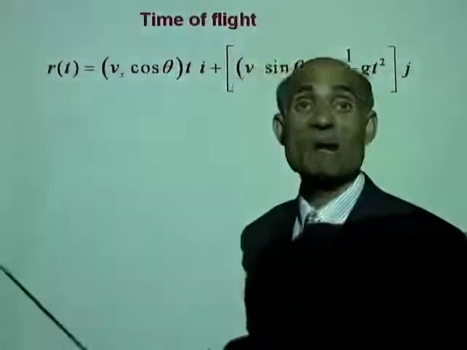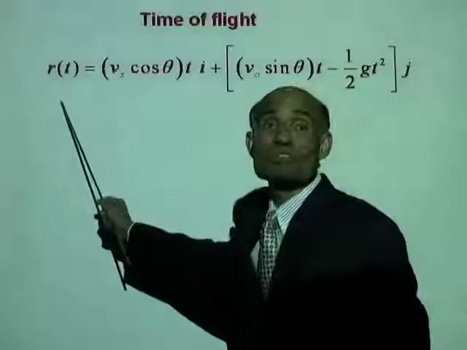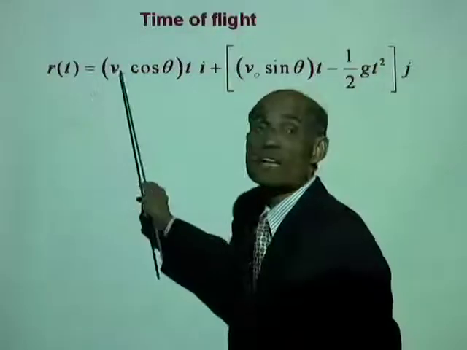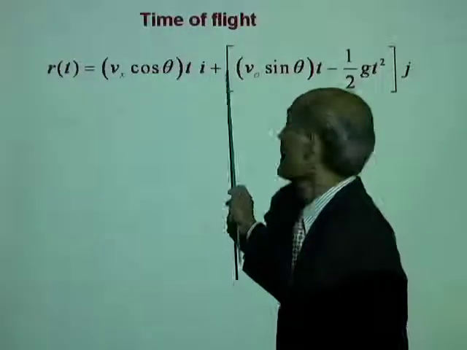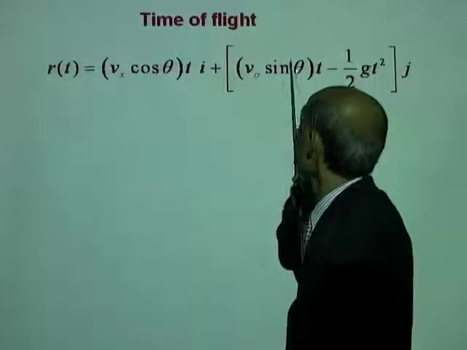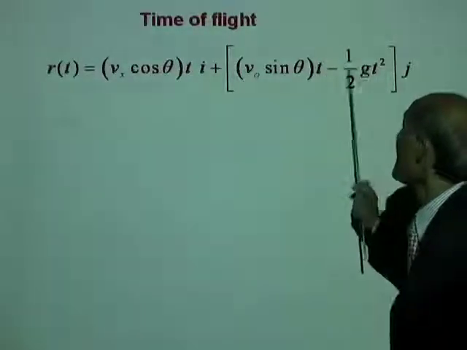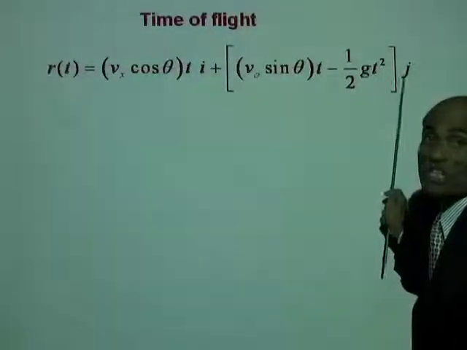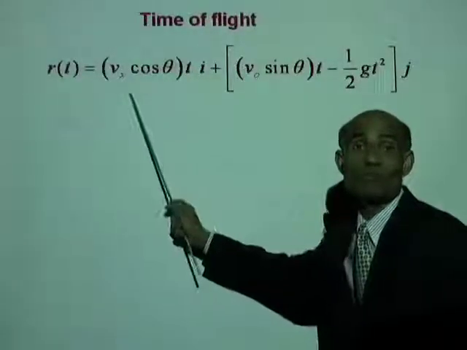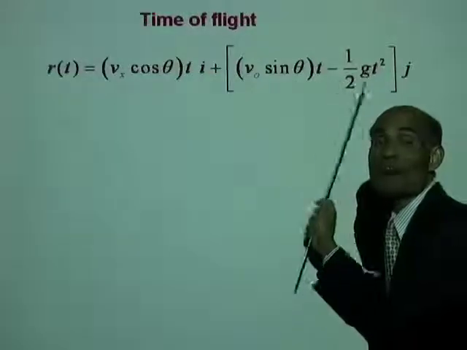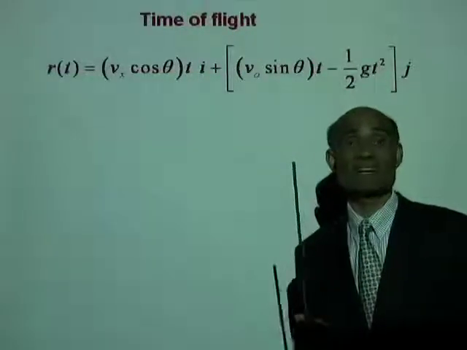Therefore, we start by looking at the position function. r(t) = V0 cos theta t i + (V0 sine theta t - 1/2 g t squared) j. This is the x position of the projectile, this is the y position of the projectile.